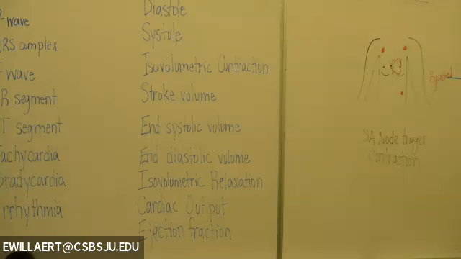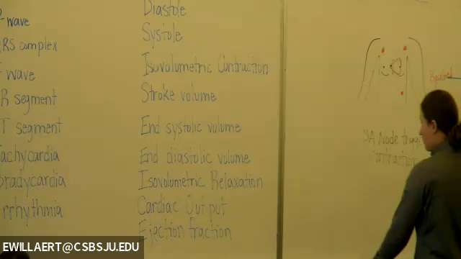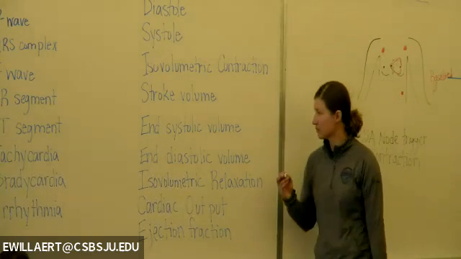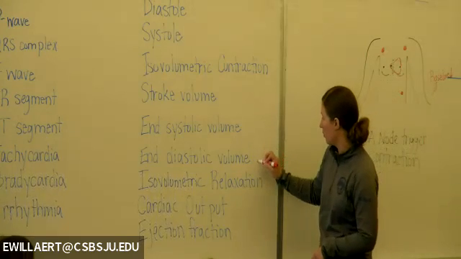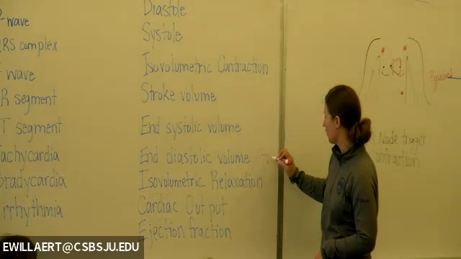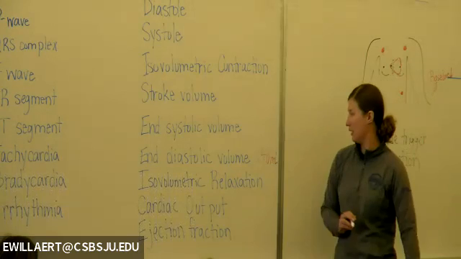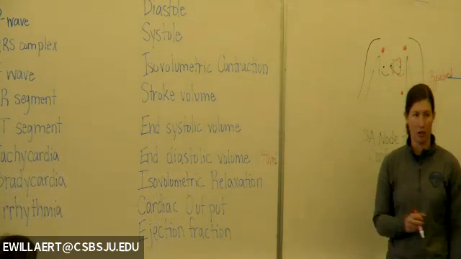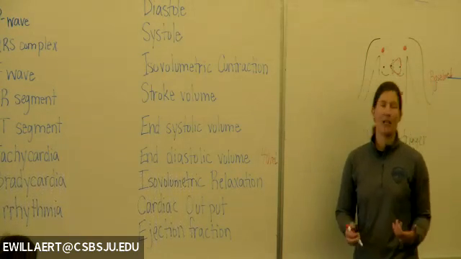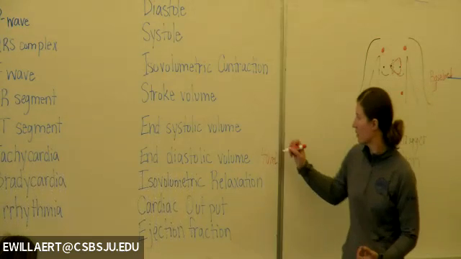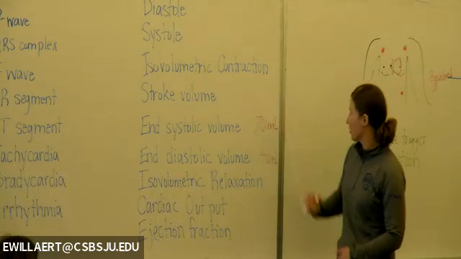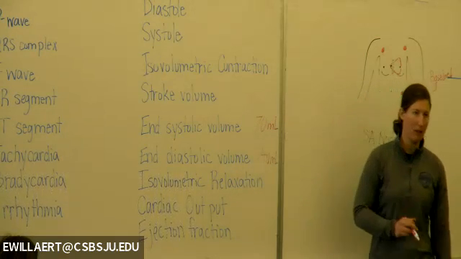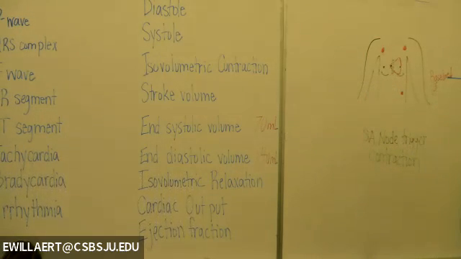So let's say after diastolic filling, so like our ventricles are filling with blood, we have 140 ml of blood in our ventricle. And then let's say our ventricles contract, and when we end contraction, there's 70 milliliters of blood left in the ventricle.